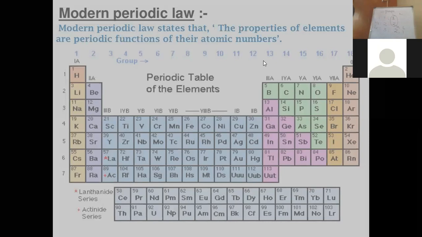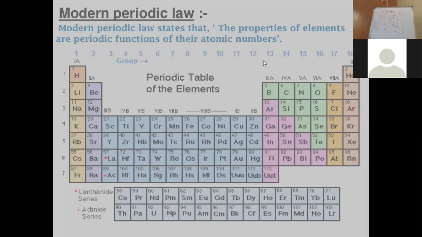Hence, the second period has 8 elements and is called a short period. Why? Because they have two shells, K shell and L shell.